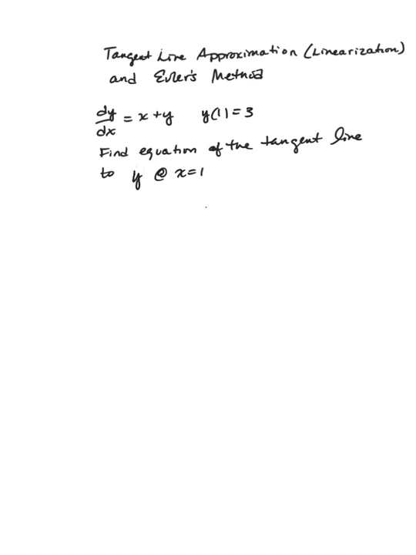All right. So for the tangent line, you get the slope, which is dy/dx. I'm doing this at the point (1, 3), so I have x plus y, which is 4. So that's my slope. Now, you know the point-slope formula.